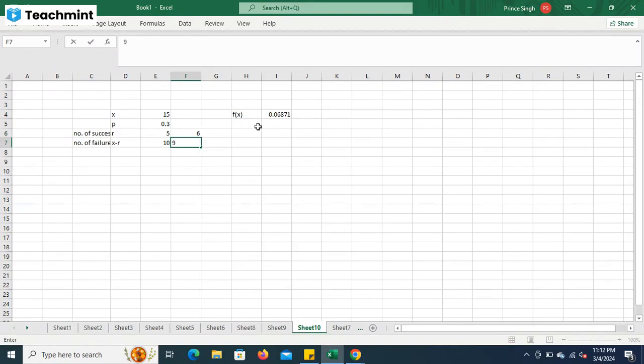So if I want to calculate 6 successes in 15 trials, its probability can be calculated using the same formula here, but we replace the number of failures with 9 and the number of successes with 6. Then it will give us the probability as 0.058894. So this is how we can calculate the probability mass function for negative binomial distribution.